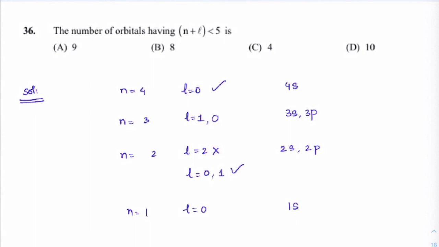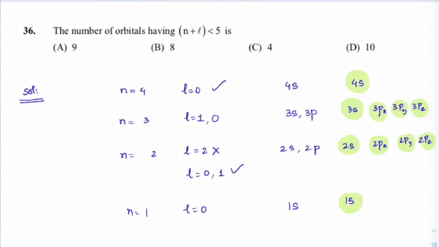Now let us count, these are all the subshells, and let us count what all the orbitals we can have. We can have one 4s, 3s, 3p, I can have 3px, 3py, and 3pz. Here also 2s, 2px, 2py, 2pz, and here I have 1s. So let me count all the orbitals: 1, 2, 3, 4, 5, 6, 7, 8, 9, 10.